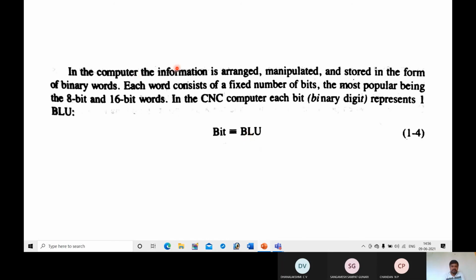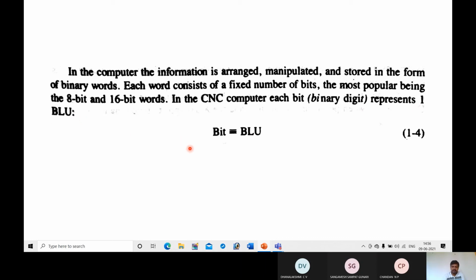In the computer, the information is arranged, manipulated, and stored in the form of binary words, that means in the language of zeros and ones. Each word consists of a fixed number of bits, the most popular being the 8-bit and 16-bit words. In the CNC computer, each bit represents one basic length unit.